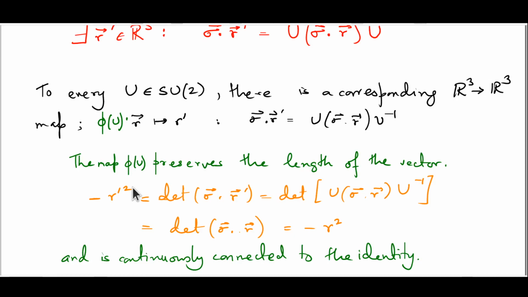Let us consider a bunch of transformations, not a single one as here, but a bunch driven by a matrix U prime. That is, at any given stage, sigma dot R tilde, let's say, is U prime sigma dot R U prime inverse.